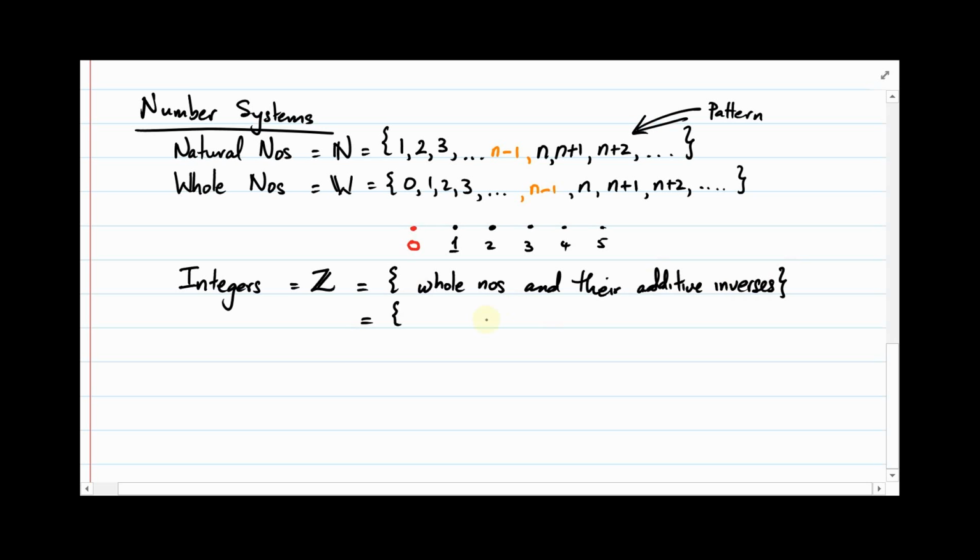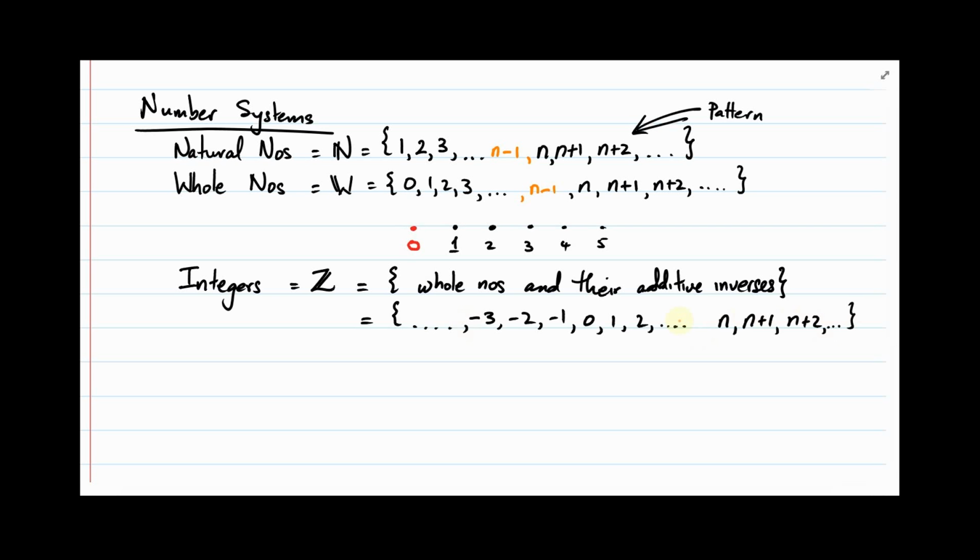So if we have -3, -2, -1, 0, 1, 2, and so on. The difference here with the integers is that there was no start, there was no end. However, the pattern that we had seen of adding 1 as we go up the system still exists.